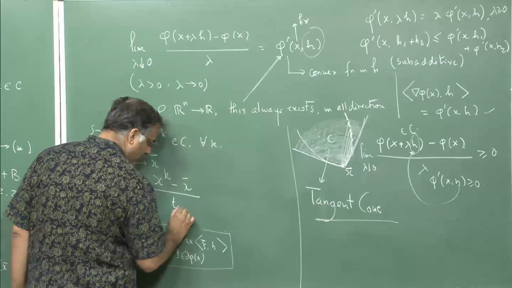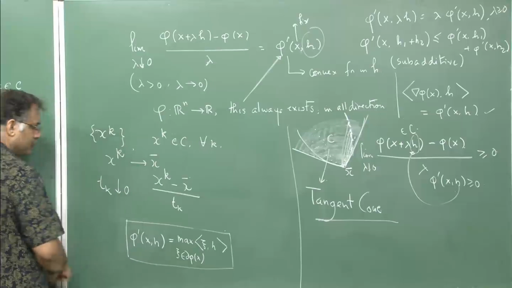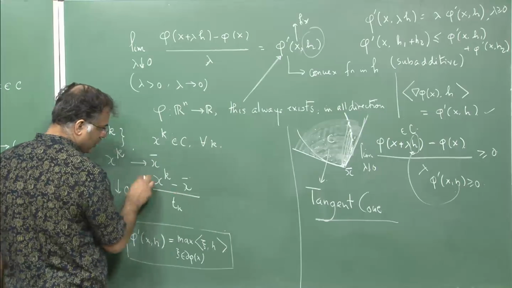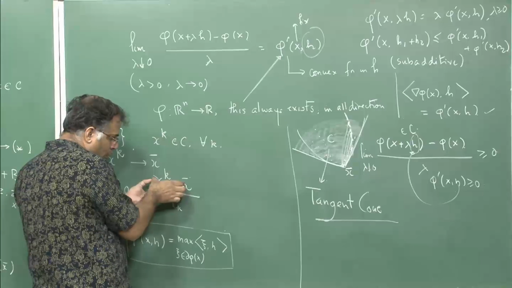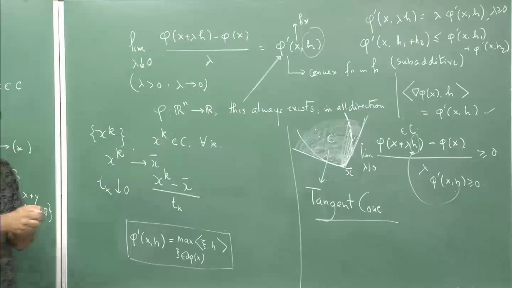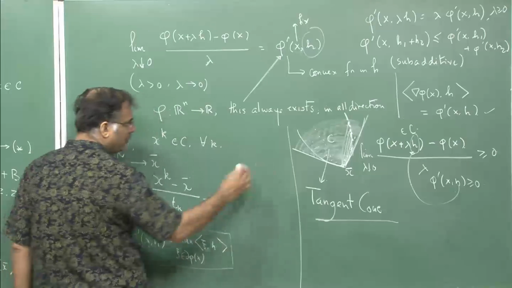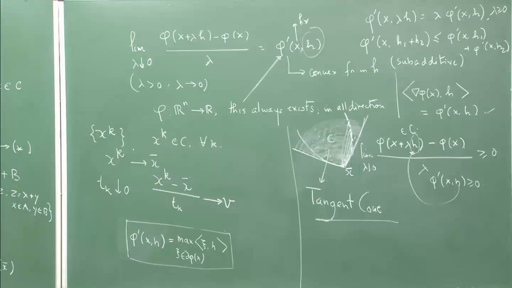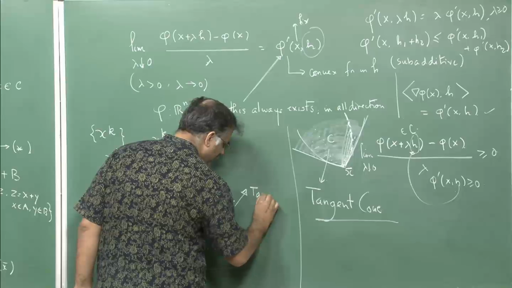So, divide by some tk, where tk goes down to 0. Here, as tk is going down to 0, the scale factor is increasing and stopping the norm of xk minus x bar from coming down to 0. So, this goes to a certain vector v, and this vector v is called the tangent vector to C at x bar.